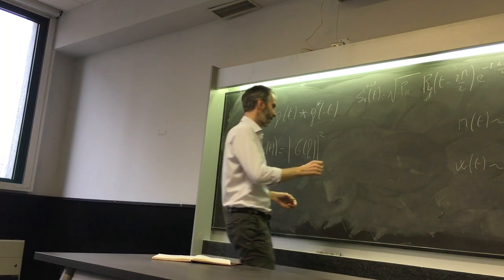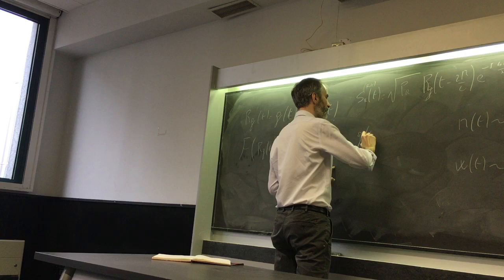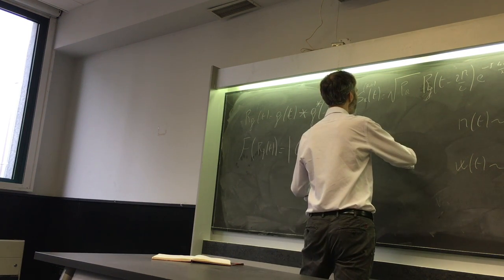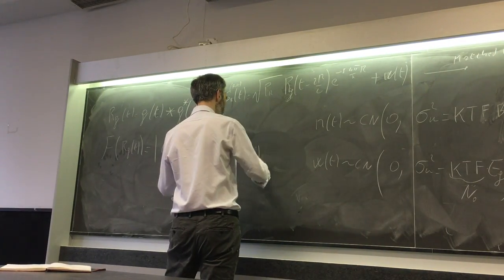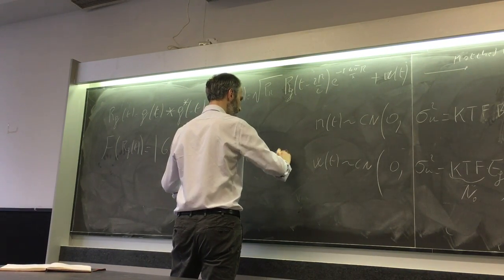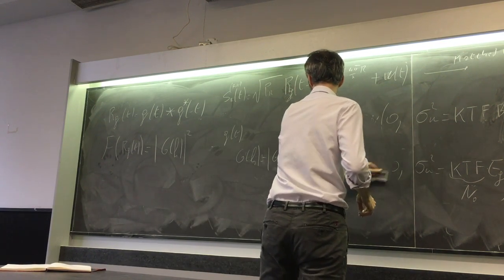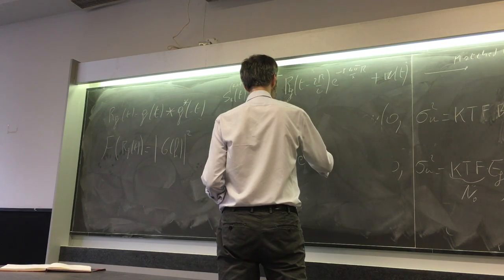And so, this means that your signal g of t has to be such that, in the Fourier domain, it is G of f, which has some magnitude and some phase.